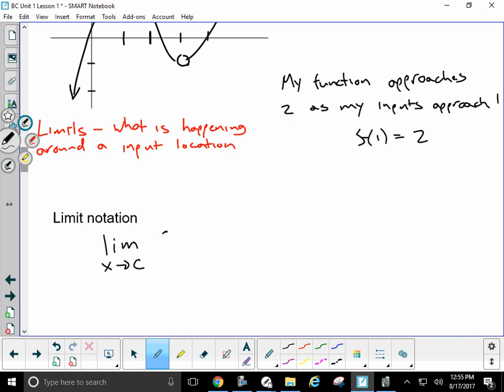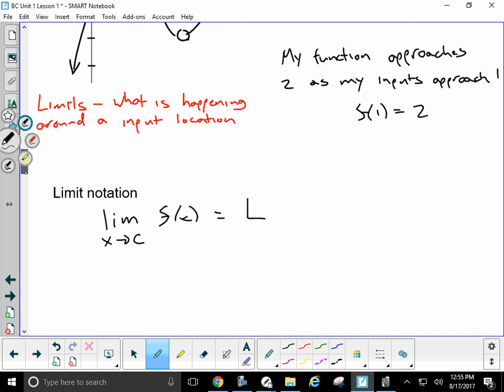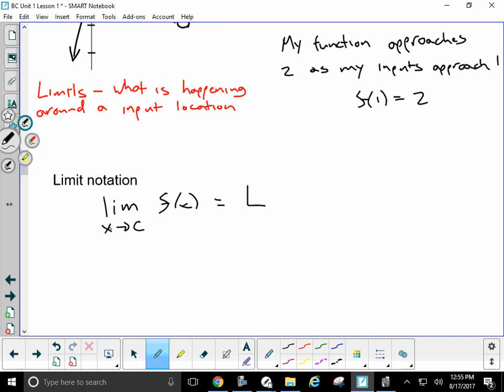And then we have a function that we're talking about, or we could have just some expression of x's. This could be like x squared plus 3x. It could be anything. I don't want to confuse you with that. And we say that is equal to some other value. This is read: the limit as x approaches c of f of x equals L.